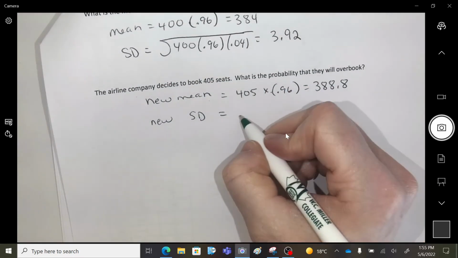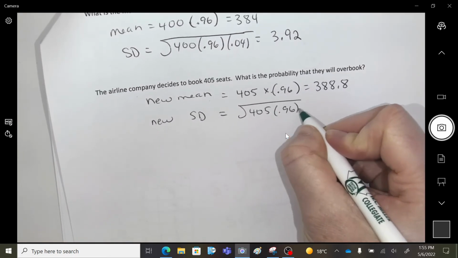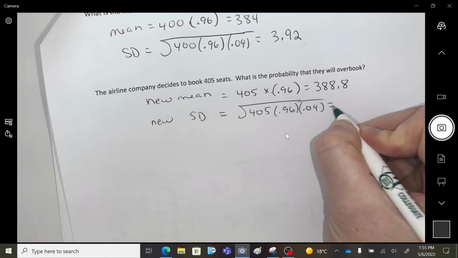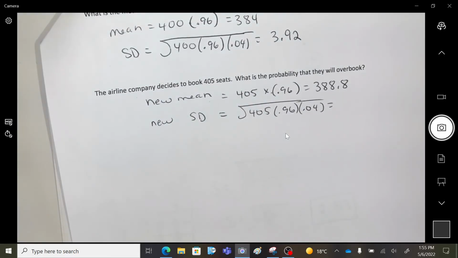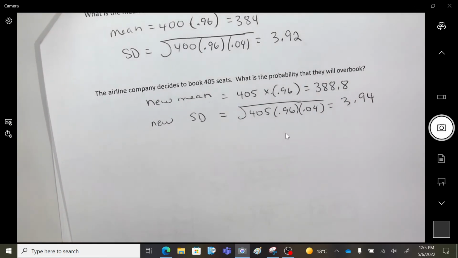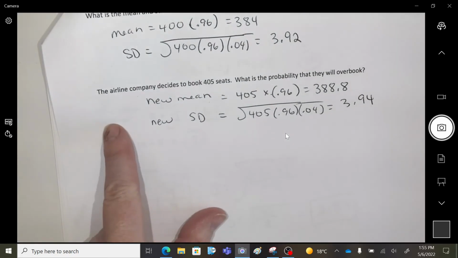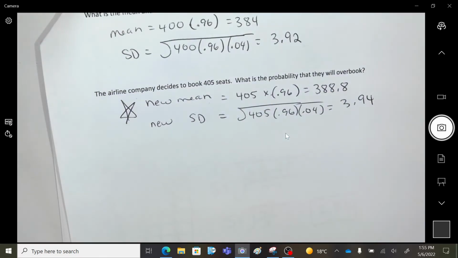Okay, so the new standard deviation, so I'm using the 405. Here's probably where I would see mistakes happen, is that people forget they have to do a new mean. And they try to use the mean from above, but we changed the seats.